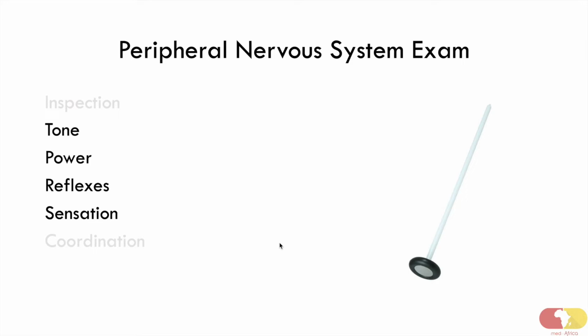So for the purposes of this session, I'm going to be focusing on the tone, power, reflexes, and sensation, and seeing how the neuroanatomy that we're talking about correlates to the things that we find when we examine these 4 areas in the neurological examination.